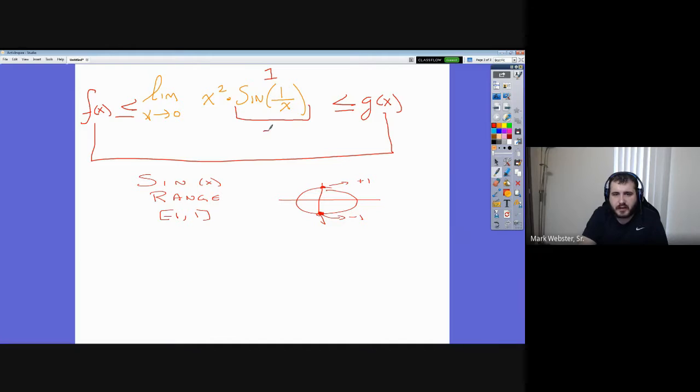And the smallest it can get is -1. So why don't I just make sine of 1 over x equal to 1? Isn't that just x squared? Right? Just said, okay, the sine's going to be a 1. So that's x squared. And that has to be as big as this function if it's not the same, right?